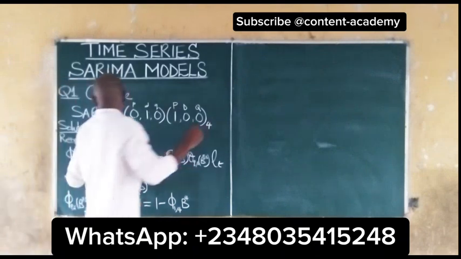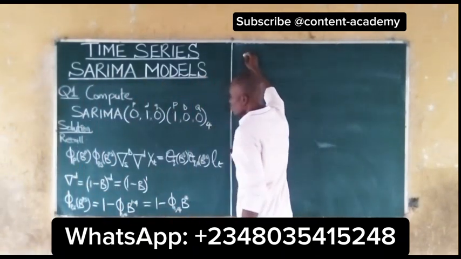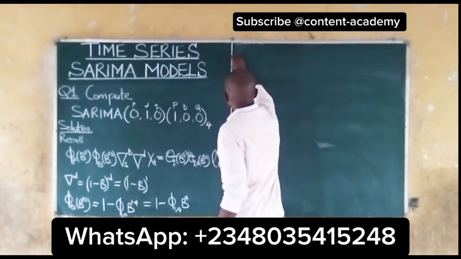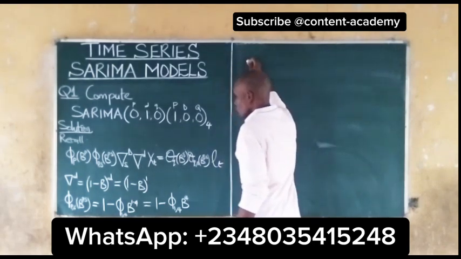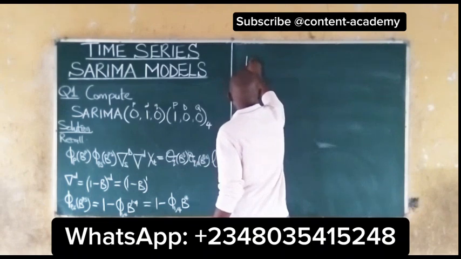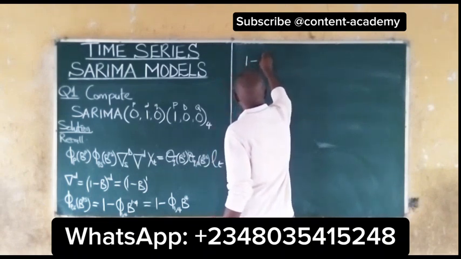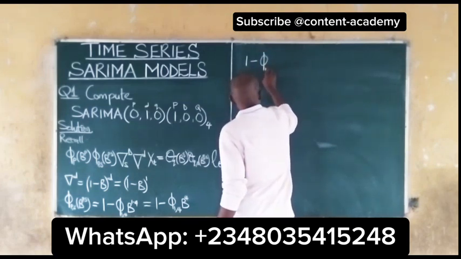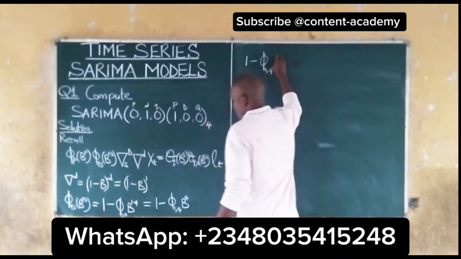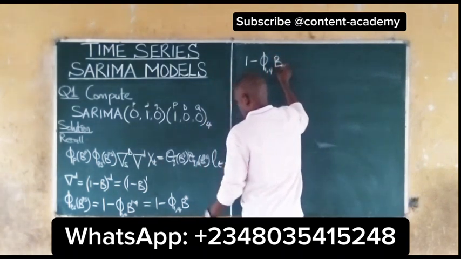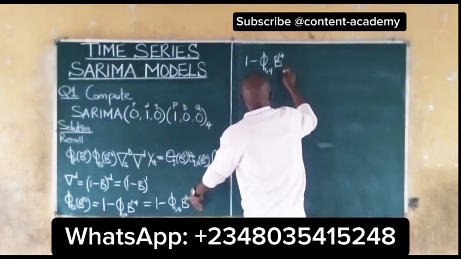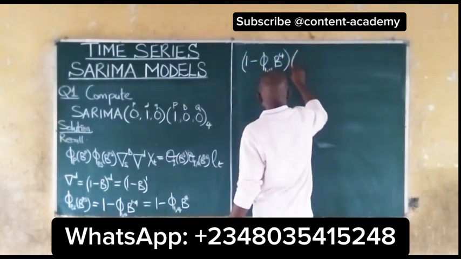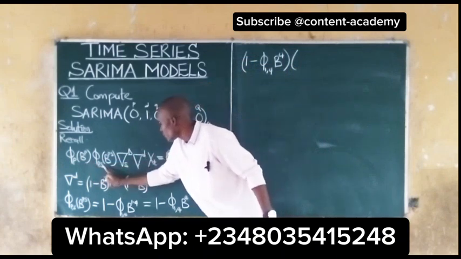From the model, we can write our SARIMA model to be 1 minus Phi_{1,4} B^4 for this part.